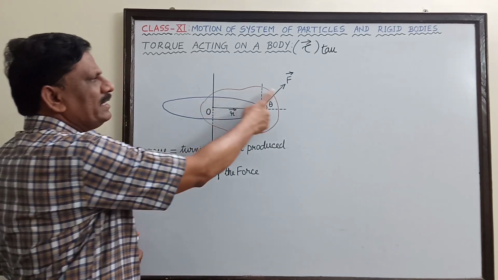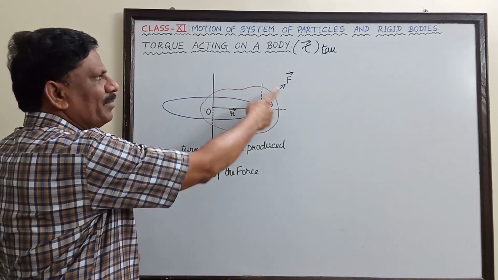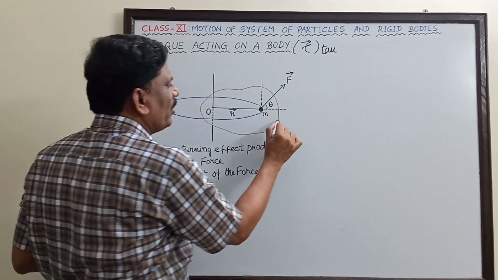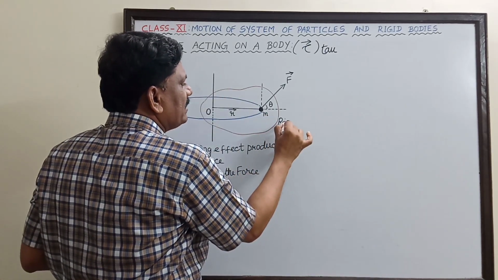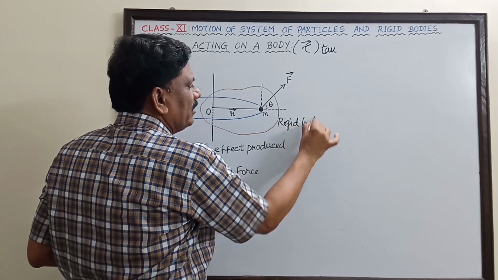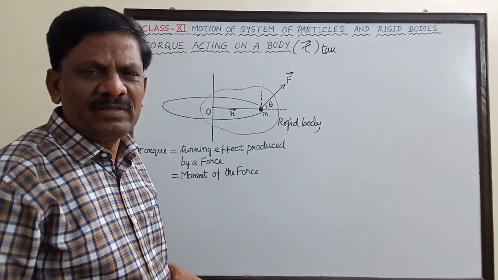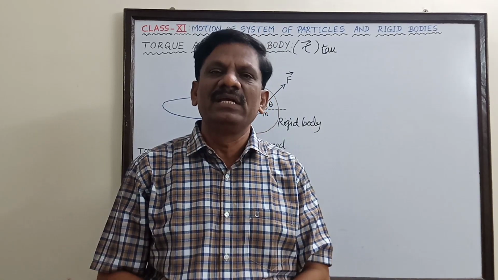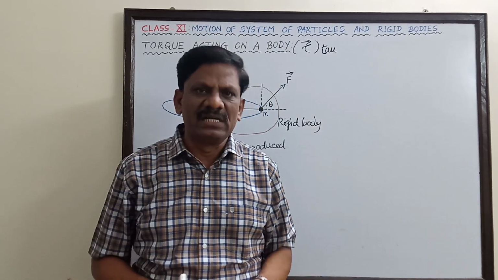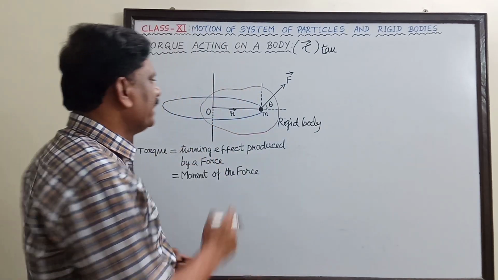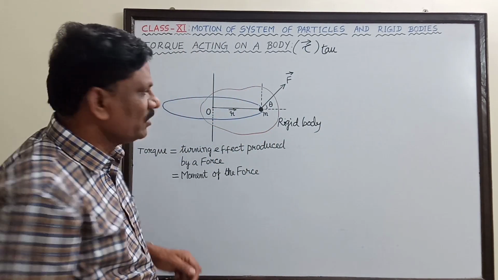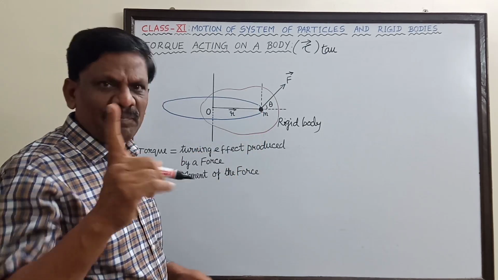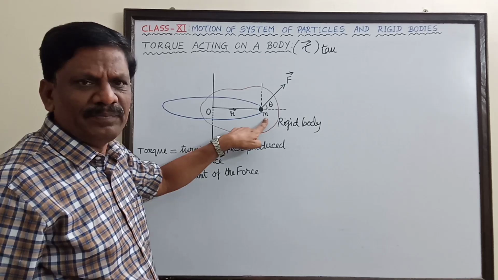Here you can see this irregular shaped rigid body, this red colour outline. It represents a rigid body, which is assumed to be made up of many particles. So what is present inside the rigid body? N number of particles. Among them I have considered only one particle of mass m. Can you see here one black dot? That is a single particle of mass m.